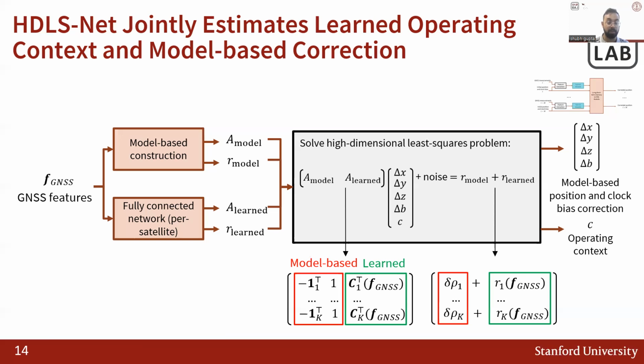The model-based geometry matrix is concatenated with the learned matrix, while the model-based residuals are appended with the learned corrections, and the overall high-dimensional least squares optimization problem is then solved using the typical approaches. From this, as an output, we get the model-based position and clock bias correction, as well as an output of the operating context.